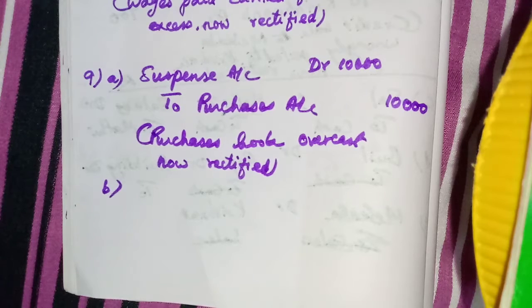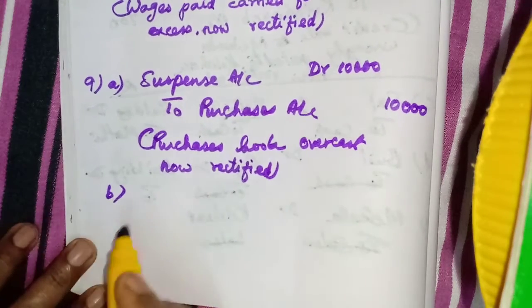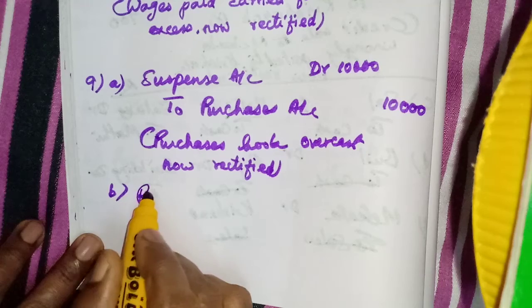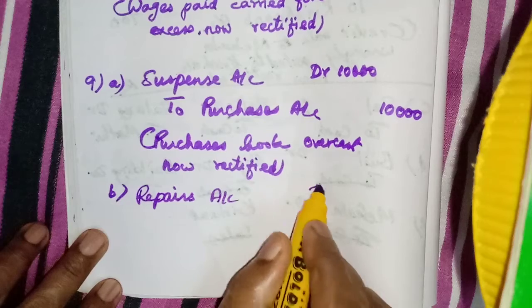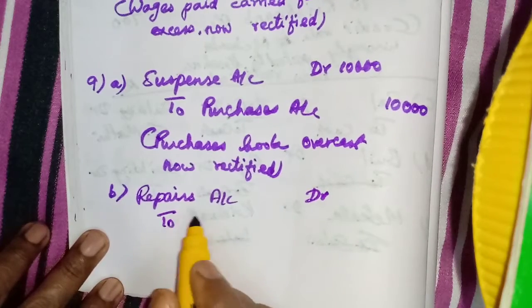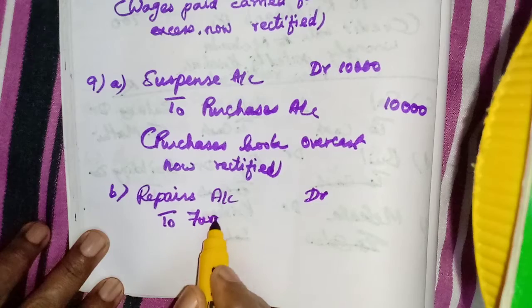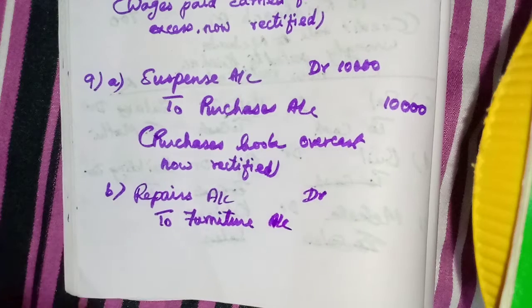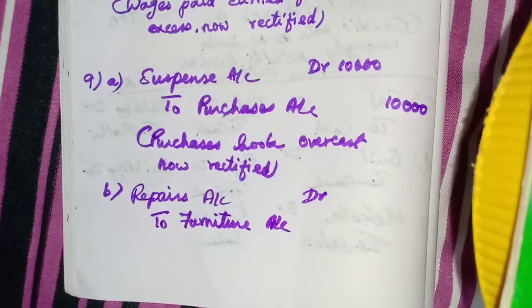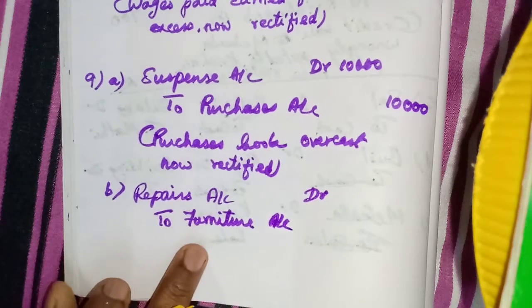In the wrong entry, what have they done? They have debited furniture account. So furniture account should be credited. Repairs to furniture, what should be debited? Repairs account. So repairs account debtor to furniture account. Yesterday I showed you how to do it, isn't it? The other side is cash, so no need to worry about the cash. Instead, furniture was debited wrongly, so we are crediting.